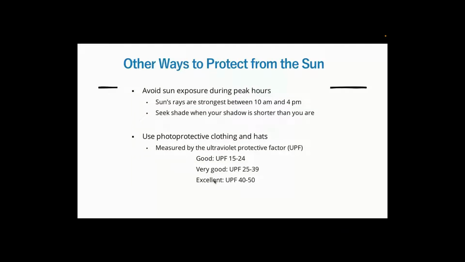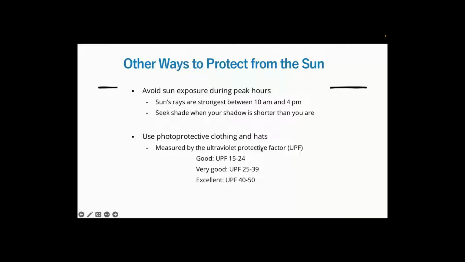Other ways to protect from the sun: avoid sun exposure during peak hours. The sun's rays are strongest between 10 a.m. and 4 p.m. Seek shade when your shadow is shorter than you are. And then use photoprotective clothing and hats. We talked about SPF as a sunscreen measure.